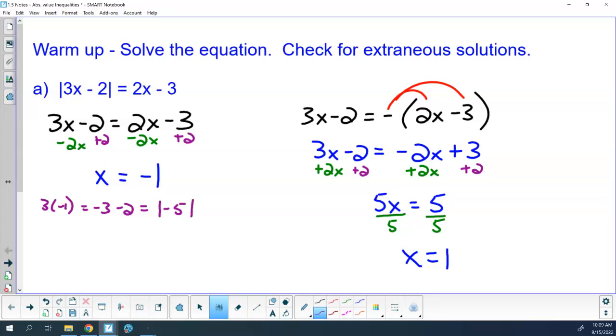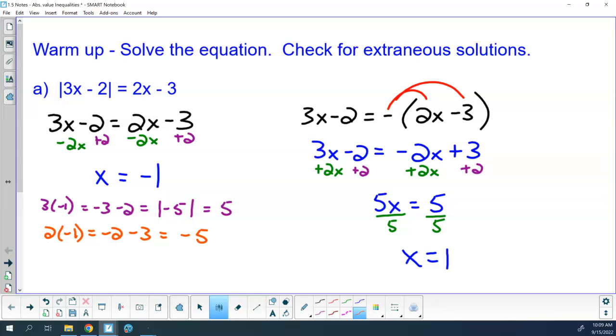Absolute value of negative 5 is 5. Do we agree with that? Okay. Then we got to check the right side. 2 times negative 1 is negative 2. Negative 2 minus 3 is negative 5.